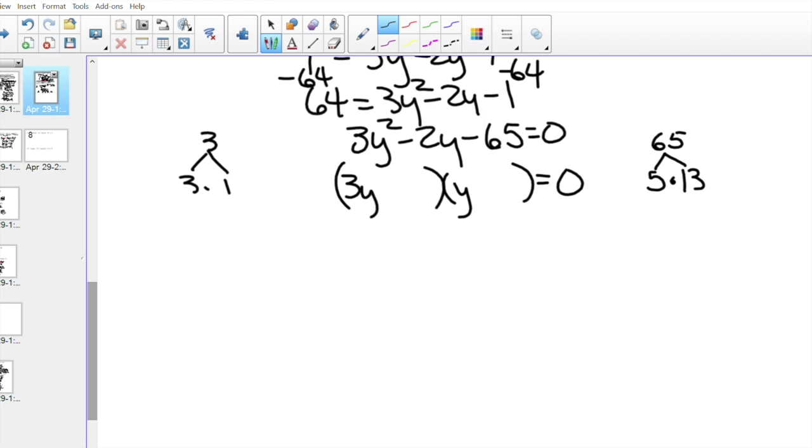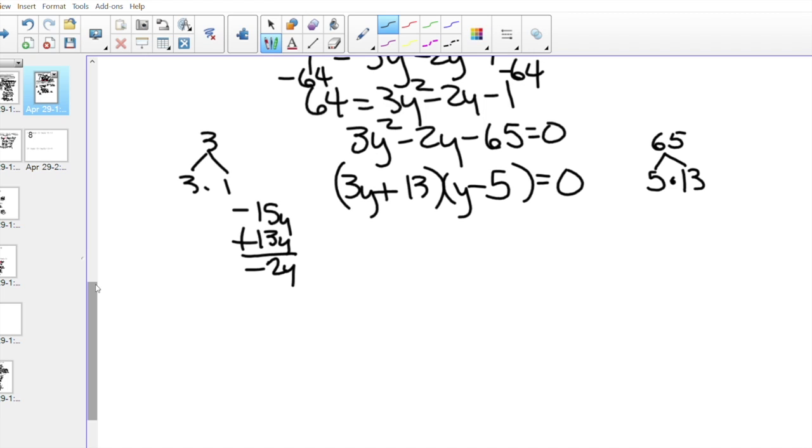So we're going to try this: 5 here, 13 there. Now, the outside is 15y. The inside is 13y, and we subtract and get 2y. It's going to be negative, negative, plus. So the 13 is plus, and that's the trial and error.